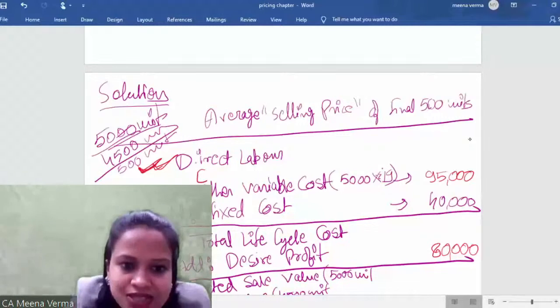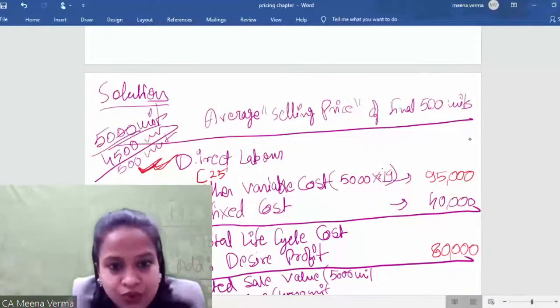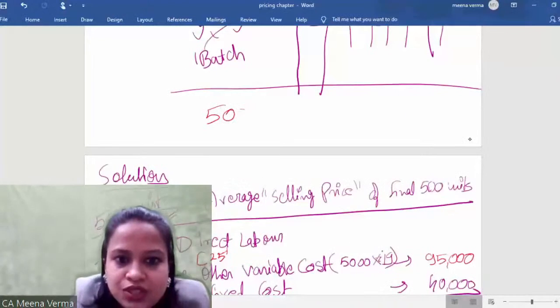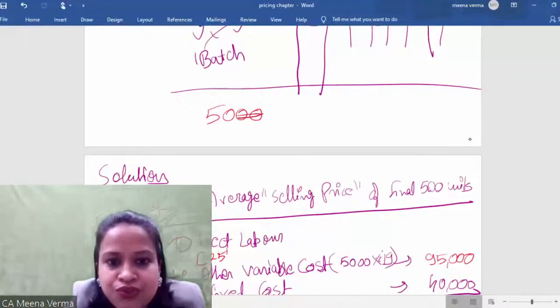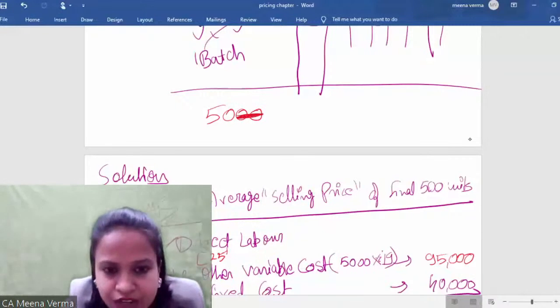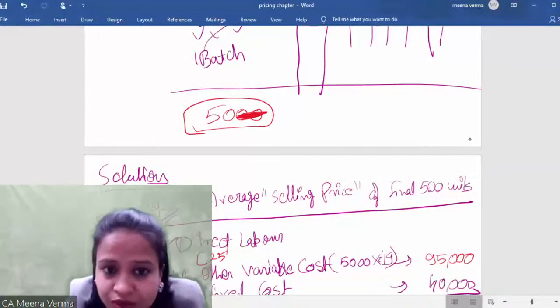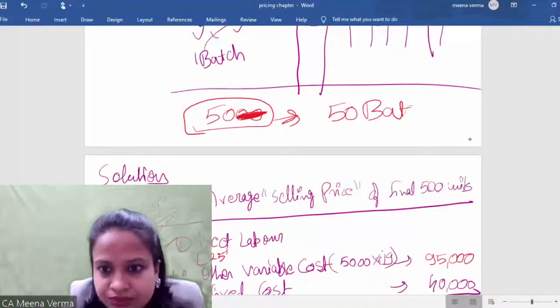I will first consider the total time for 25 batches, because we know that we are producing 5,000 units in total, and in every batch we are producing 100 units. It means we are doing the production in 50 batches.